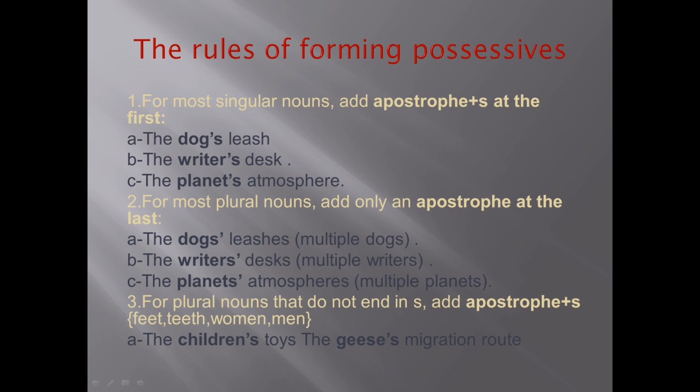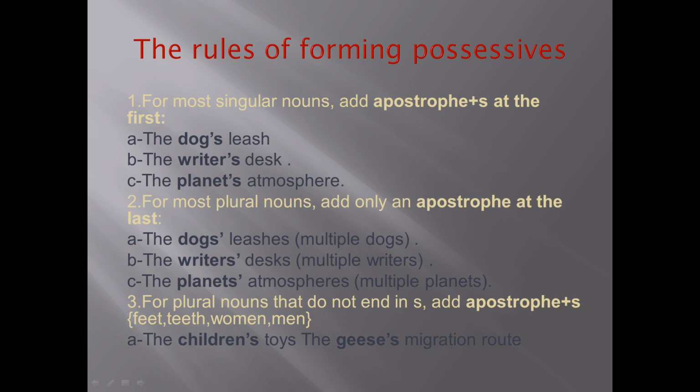Rule number 3: for plural nouns that do not end in S, we also add apostrophe plus S. We treat them like the first rule, as they are singular nouns. Examples of such plural nouns are feet, teeth, women, men, and so on.